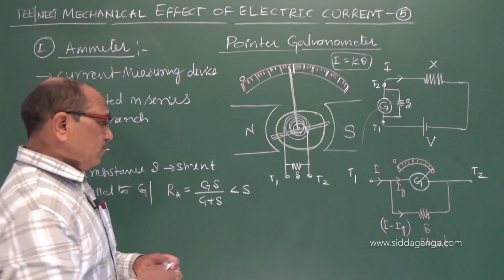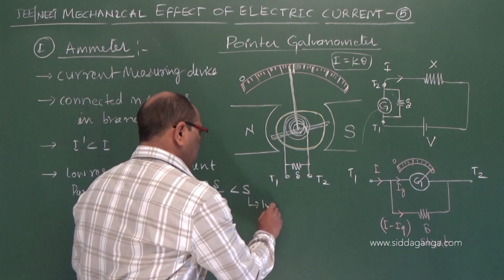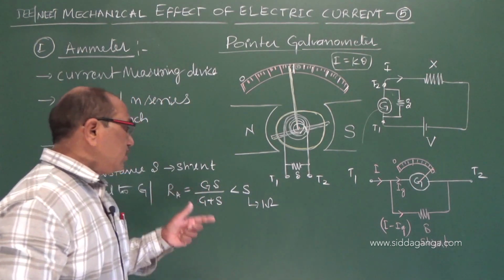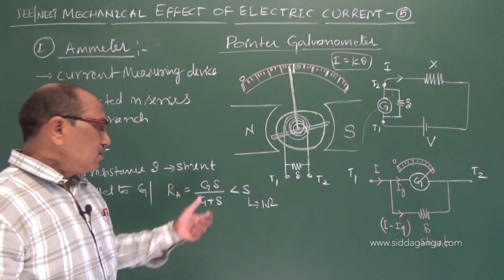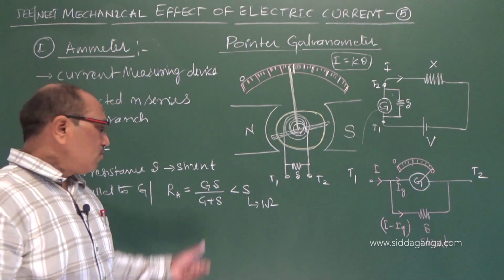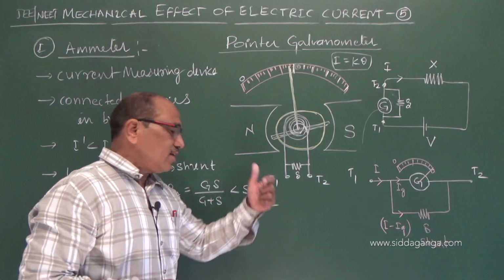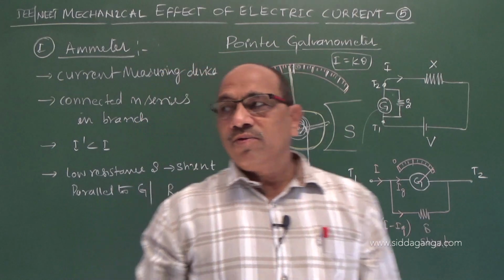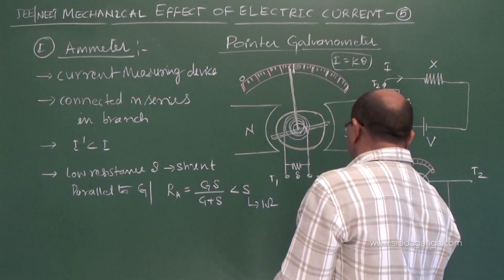Because if I take 1 ohm, it becomes less than 1 ohm. It may be 1000, it may be 100, 200, 500. So 500 into 1 by 501 is less than 1. So the resistance of 500 becomes less than 1 if I take a parallel resistor.